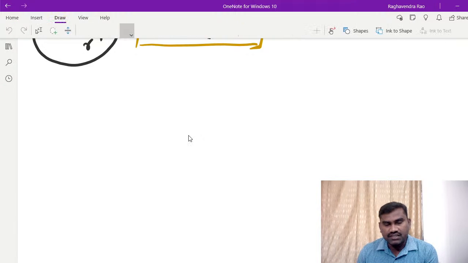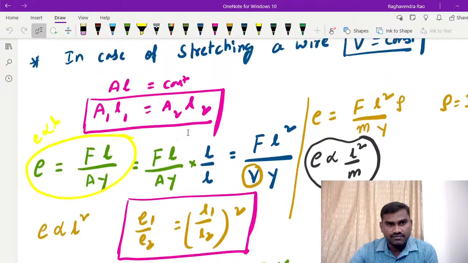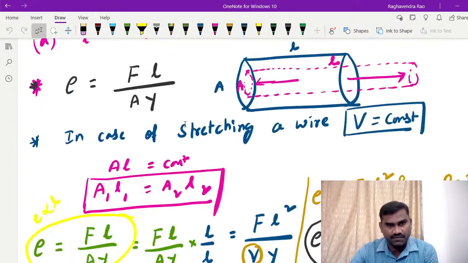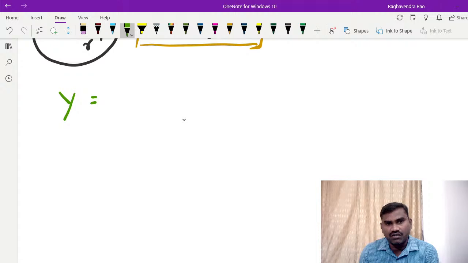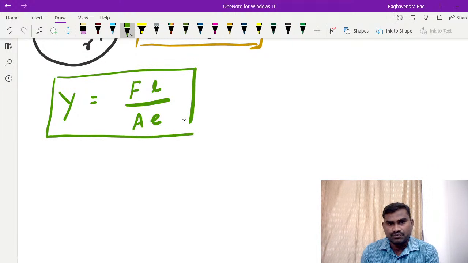Yesterday we discussed some of the top points related to Young's modulus. Almost these are all the points we discussed. We will recall the formula: Y is equal to FL by A into E. This is the expression for Young's modulus.